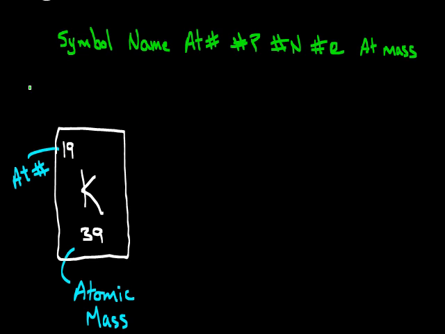I'll have a table, and there'll usually be 3 or 4 of these that you have to do, but let's just do this one for potassium. I'll give you one of the items, and you have to figure out the rest, but I'll also give you access to a periodic table. So, for example, I gave you the atomic number 19, but you didn't know it was potassium.